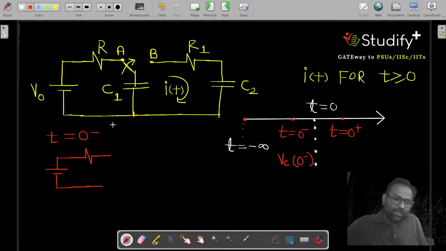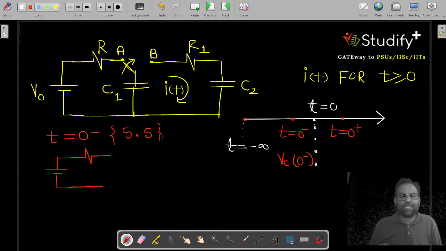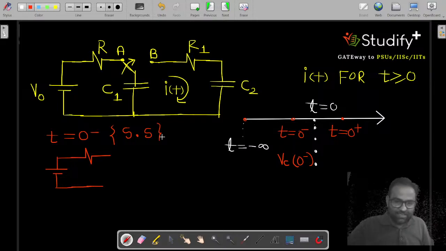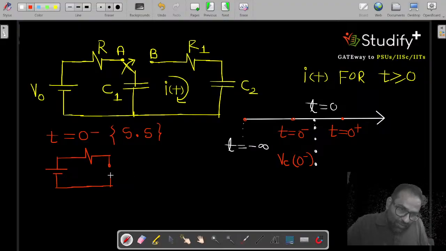And t equal to 0 minus is a steady state point, because every circuit has steady state values. At t equal to 0 minus our circuit has achieved steady state, since the circuit started from t equal to minus infinity. So how will your circuit behave in steady state? Your energy storing element is the capacitor, and a capacitor behaves as an open circuit in steady state, correct? So if I say this voltage is V naught, what is this potential drop?